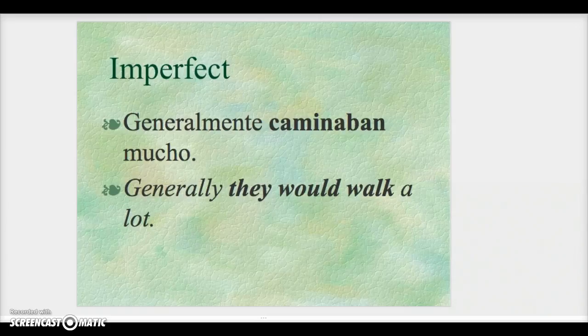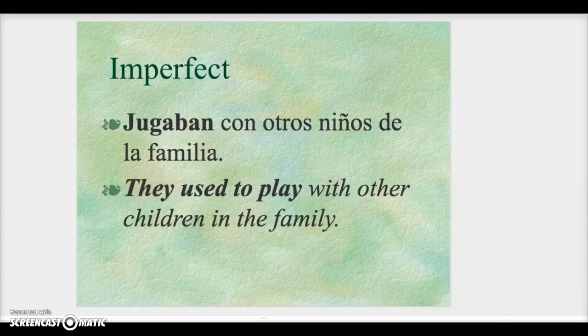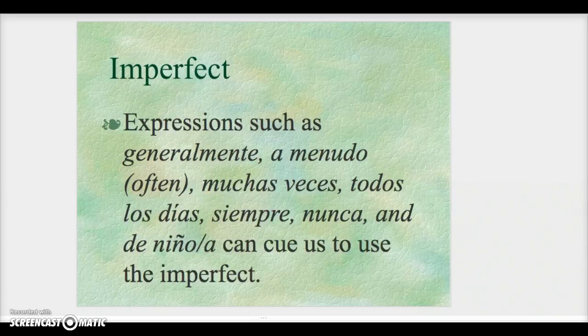Again, we're talking about this happening more and more. It was a repeated action in the past. There's no specific beginning or ending. Jugaban con los otros niños de la familia. They used to play with other children in the family. Again, we're not giving it a specific beginning or end, but we're just saying what it was that they used to do, okay? Implying again that it happened more than once, repeatedly.